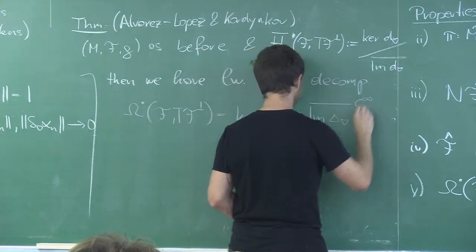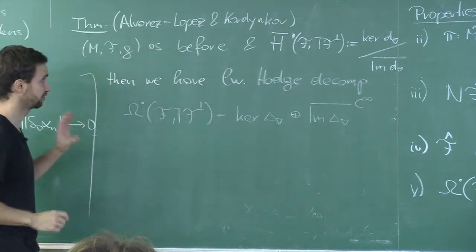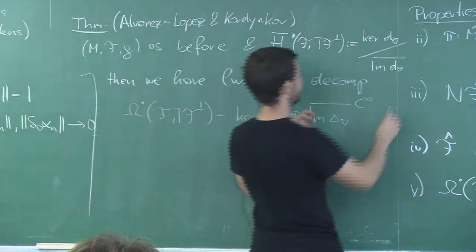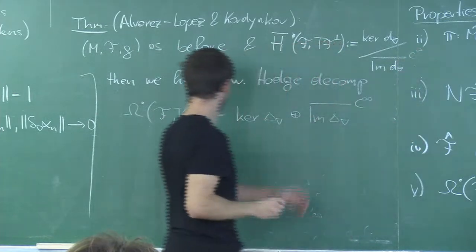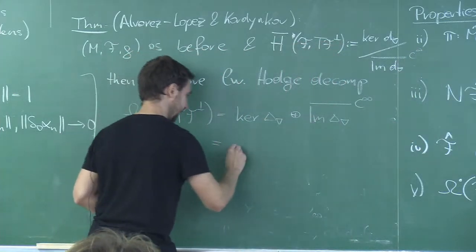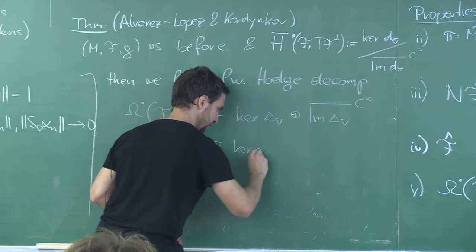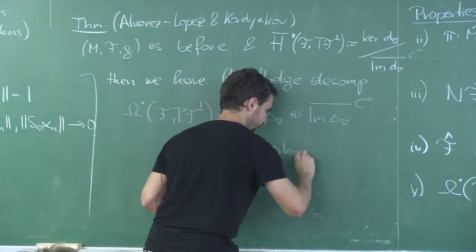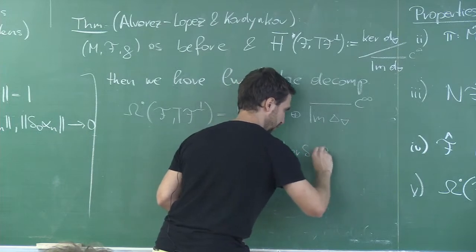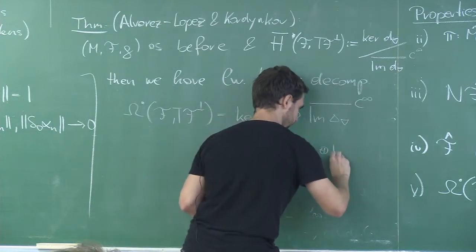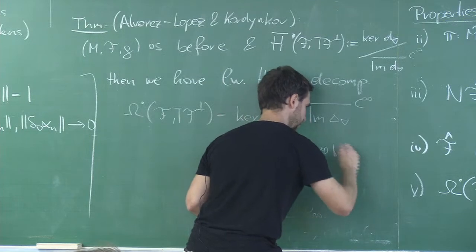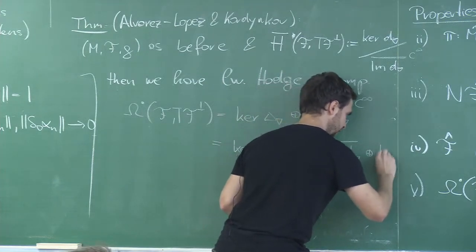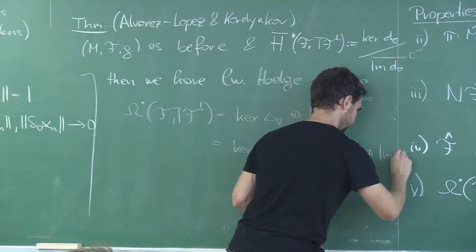So here we have the C infinity closure, because just to not confuse this, I guess this should also be C infinity, correct? And so this is the kernel of the differential intersected with the kernel of the codifferential plus the image of d nabla closure plus the image of delta.